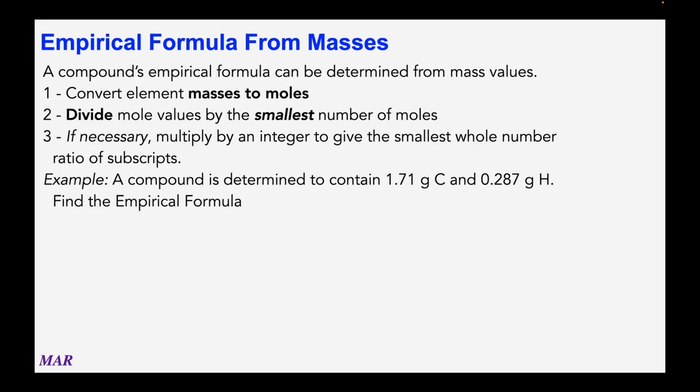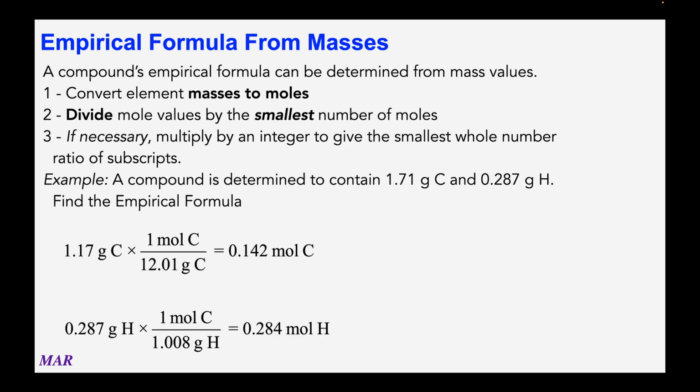So you've got to turn the grams of carbon into moles of carbon and the grams of hydrogen into moles of hydrogen. Carbon is about 12.01 grams per mole, so 1.71 grams divided by the molar mass, 0.142 moles of carbon. If you do the same thing for hydrogen, 0.287 divided by 1.008 grams per mole, that gets you 0.284 moles of hydrogen.